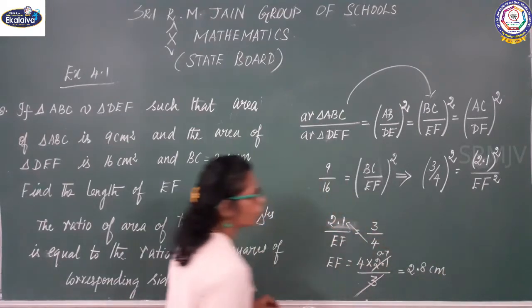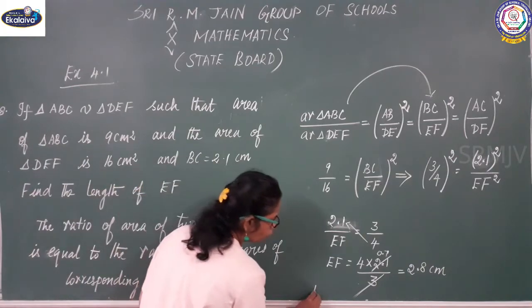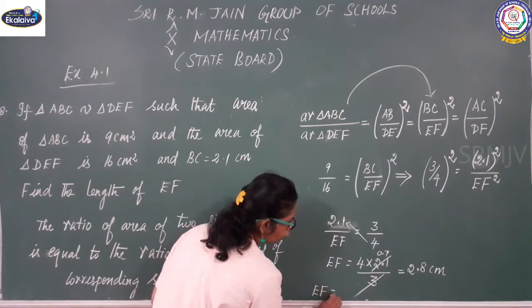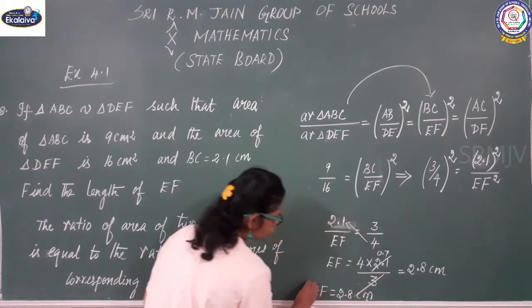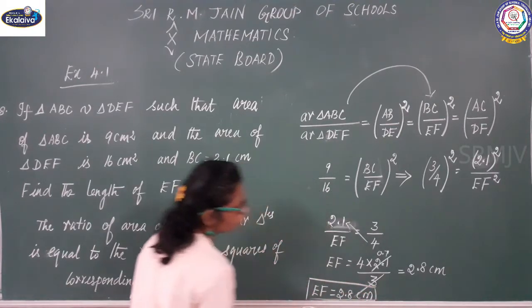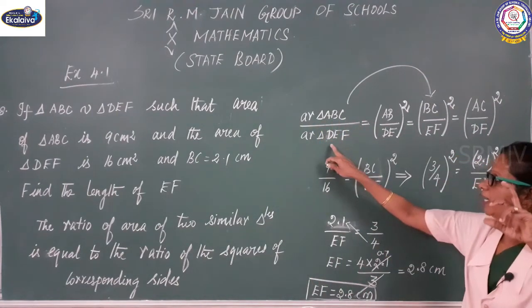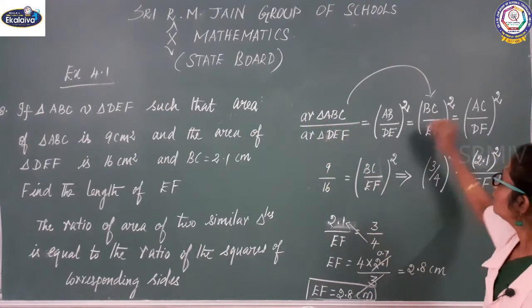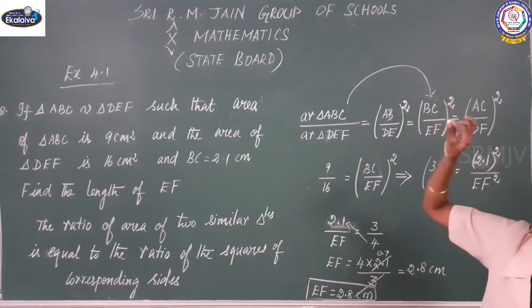So 2.8 centimeter. Now what is the value of EF? EF equal to 2.8 centimeter. Got it, children? Area of triangle ABC divided by area of triangle DEF. You are relating the second one because you know the value as BC.